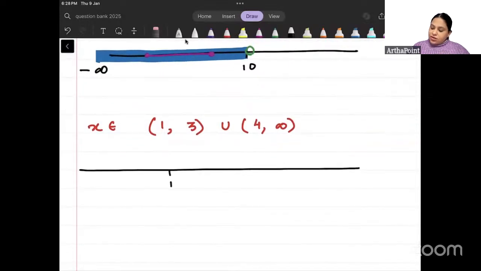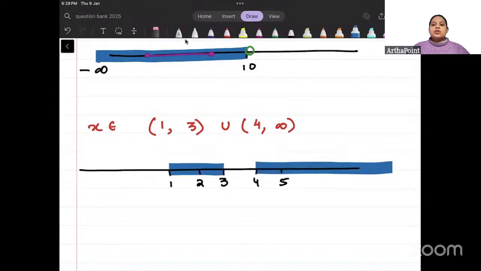Here I have 1, here I have 2, here I have 3, 4, 5, and so on. So my domain is from 1 to 3 and from 4 to infinity, right? I take any 2 points and join them with a line segment. Is the line lying completely within the set? No. There is some part lying outside the blue shaded area. So this is not a convex set.